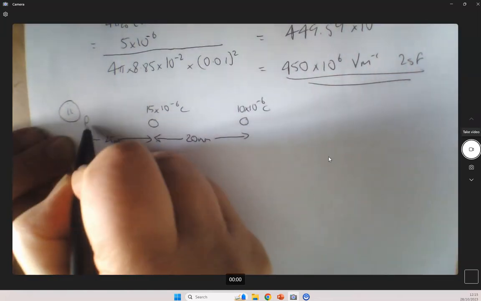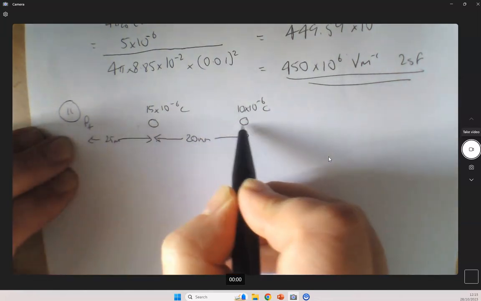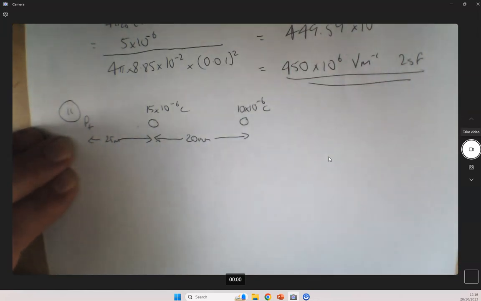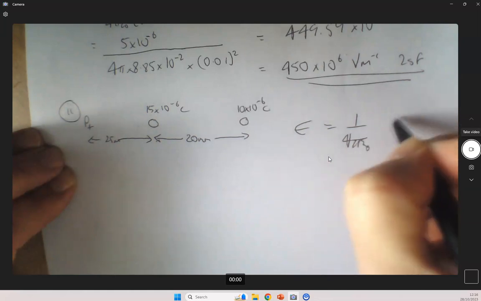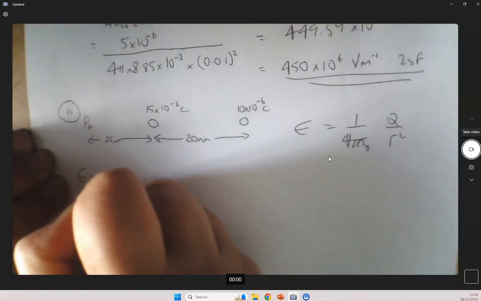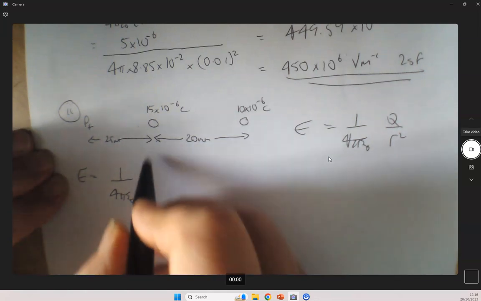Now if you imagine it, if I put a positive charge here, this one's going to be pushing away, and this one's going to be pushing away. So this time the electrical fields are additive. But we've still got the same equation, 1 upon 4 pi epsilon naught, Q upon R squared. So my overall electrical field strength is going to be 1 upon 4 pi epsilon naught, which I'm just going to pull out to start with.